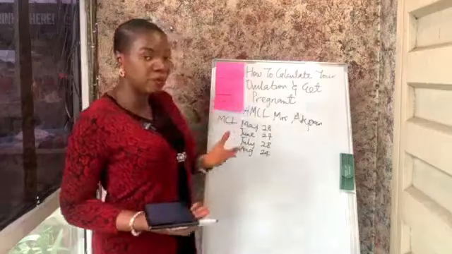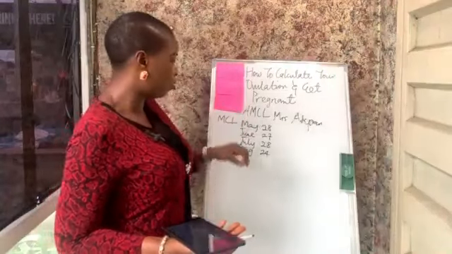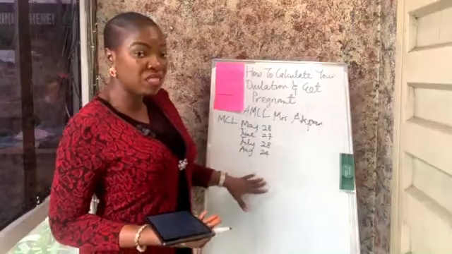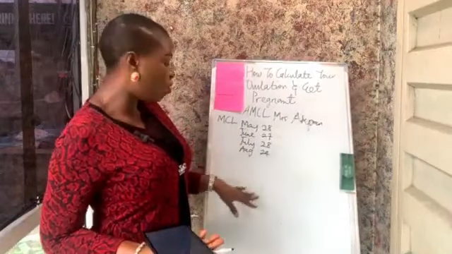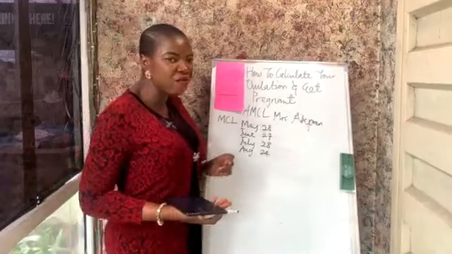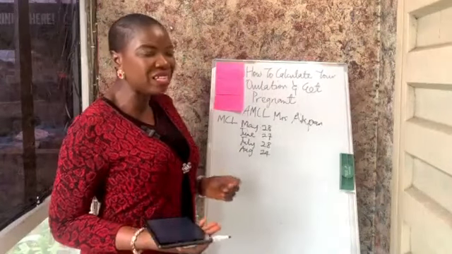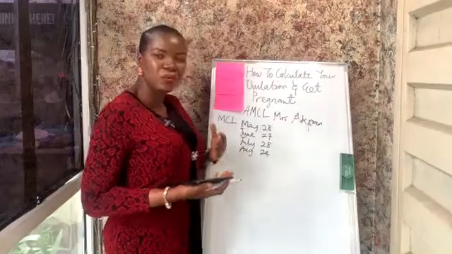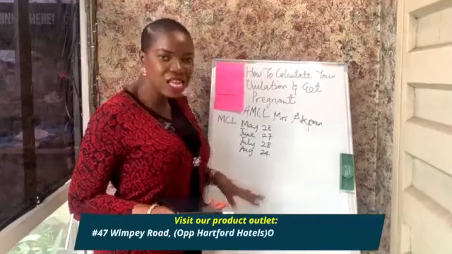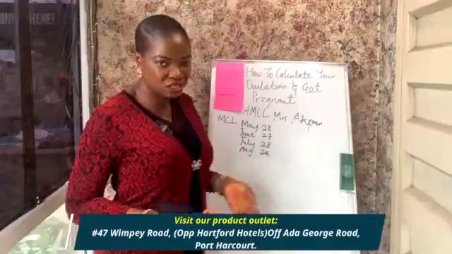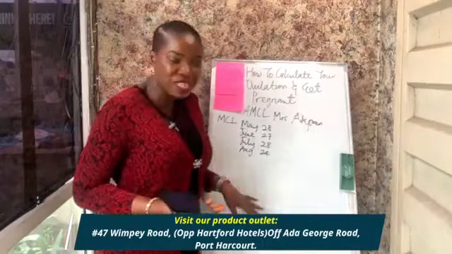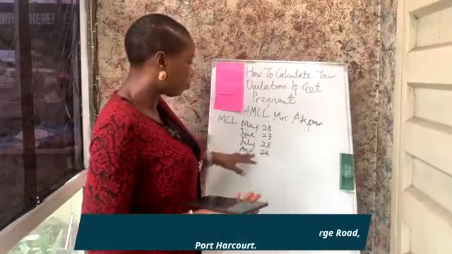You see why you should keep your menstrual dates, because without it, you may not be able to use this method to track your ovulation day. And this method is very, very accurate. Whatever method you are using, this one is very accurate. I've used it. In fact, this is what I use.